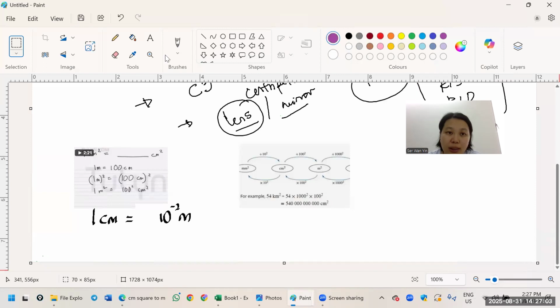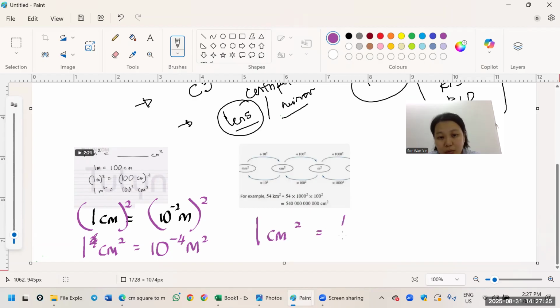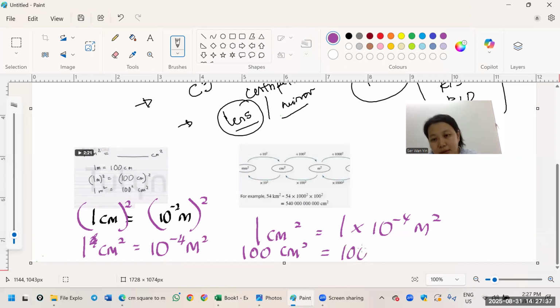So now, if I want to square cm, I also need to square meter. So 1 centimeter squared equals to 10 powers of negative 4 meter squared. So 100 centimeter squared equals to 100 times 10 powers of negative 4 meter squared.